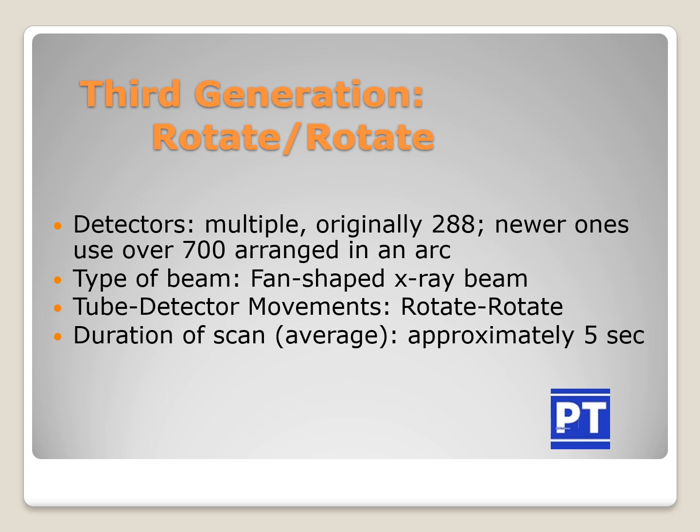Again we are moving on to the third generation CT, rotate. The name changes from translate-rotate to rotate. The detectors have also increased in number. Originally it was about 288; newer ones have around 700 detectors arranged in an arc.